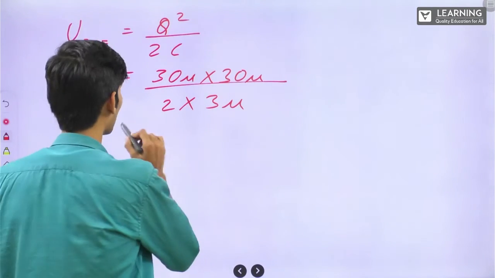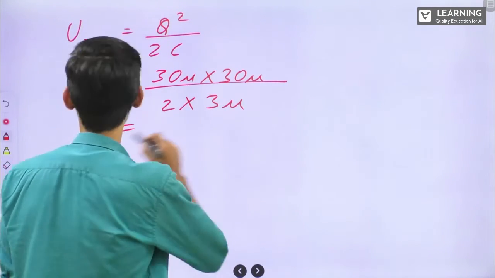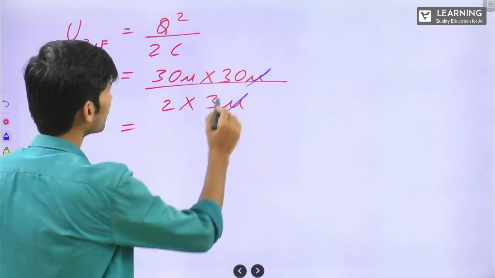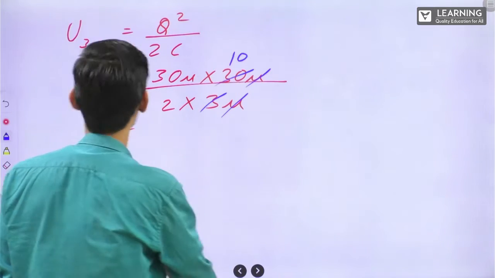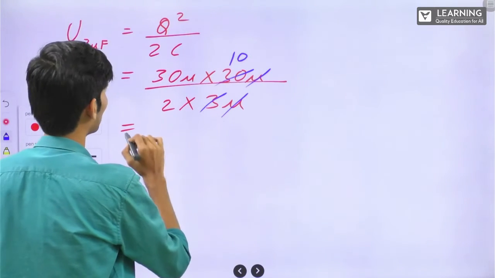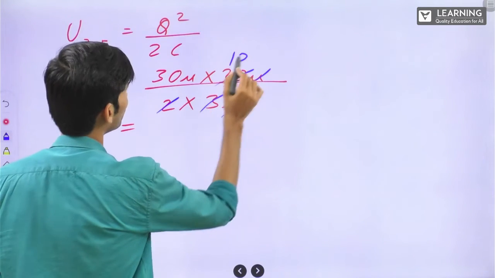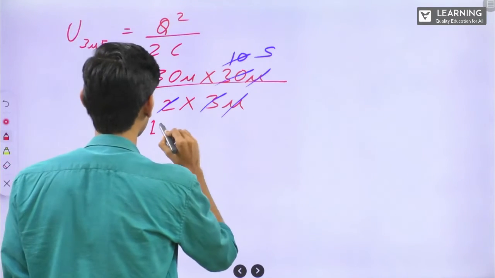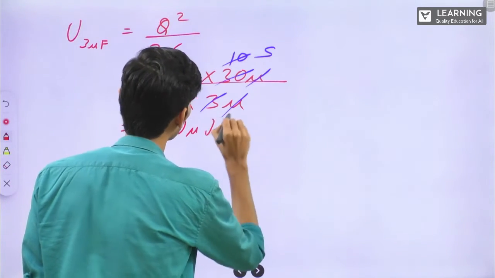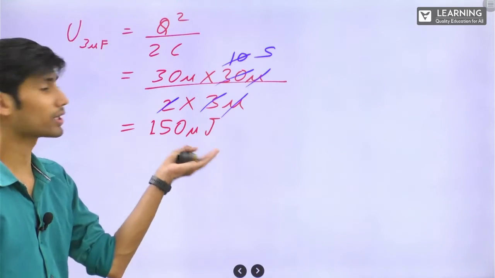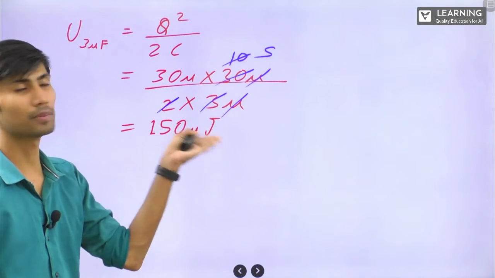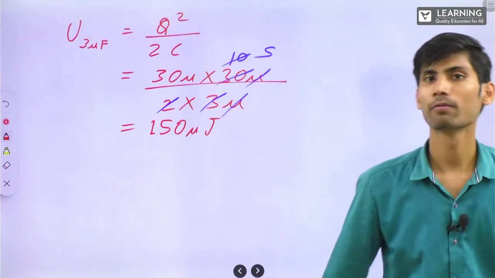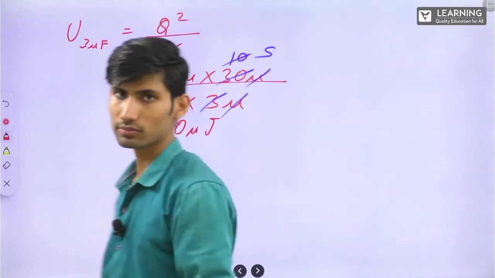So now here this 1 micro got cancelled. 3 tens are 30. 2 5s are 10, 3 5s are 15. 150 microjoule. Everything is in SI unit, so the answer will come in SI unit, so it will be joule. 1 micro is also there. 150 microjoule. Clear?